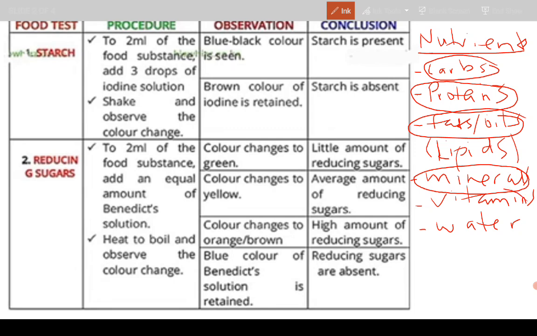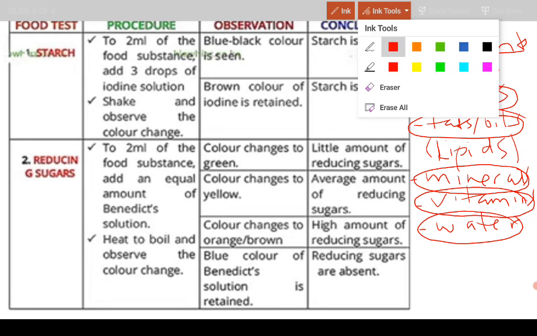Vitamins are also essential for different body processes. Water provides a solvent environment in which different food substances, including oxygen, are dissolved. So water in the body plays a role of a solvent. All these are called nutrients.